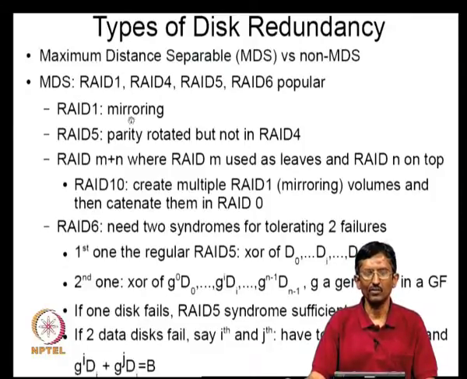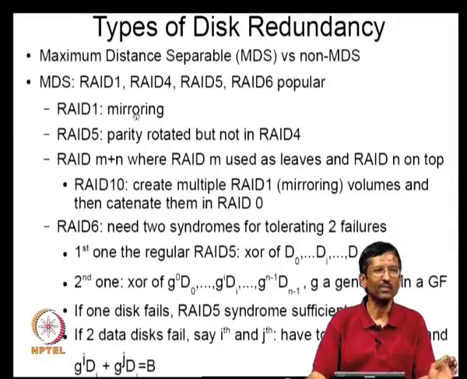What is RAID 1? RAID 1 is basically mirroring. That means you have a piece of data, and you have another copy of it on a different disk. Now, you can ask yourself, how much is being copied? Is it at a bit level, a byte level, a word level, or the block level?